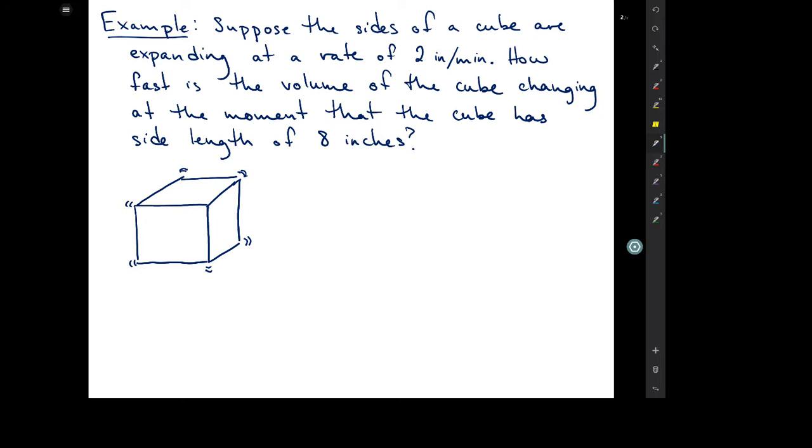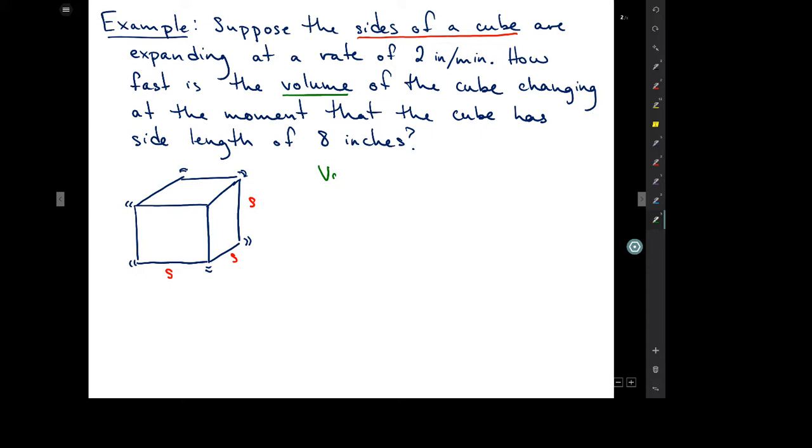So if we were to go through this problem and identify our quantities, we have the sides of this cube, which, because it's a cube, I can pick one variable for the length, width, and height, and I can call that S for side. And I also have the volume of this cube.